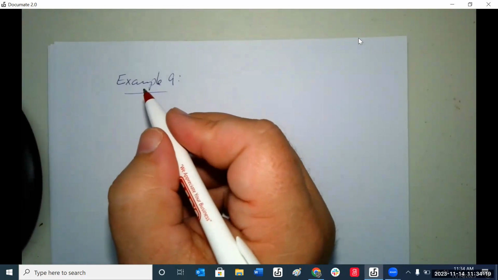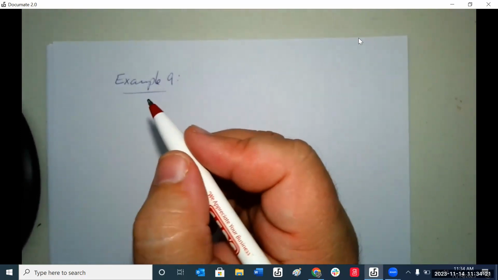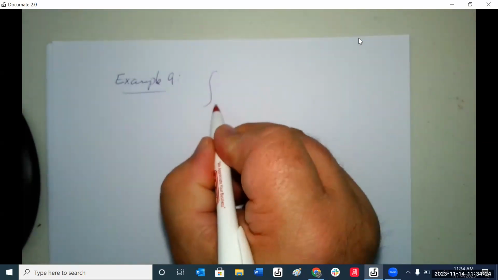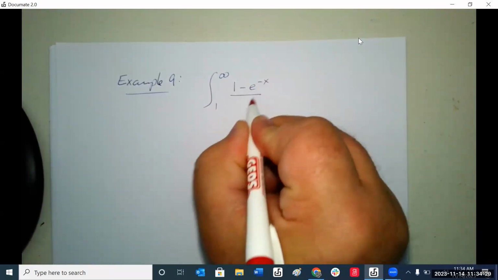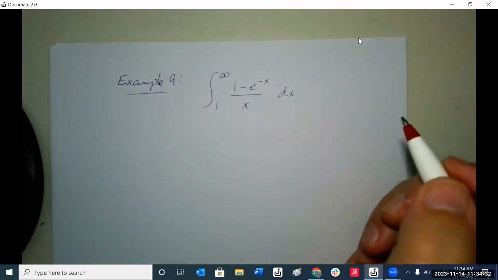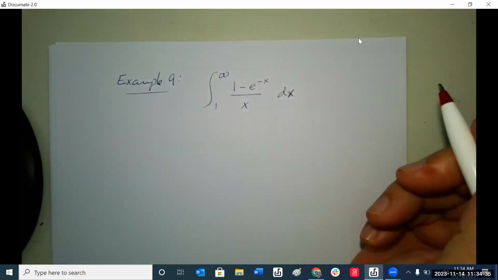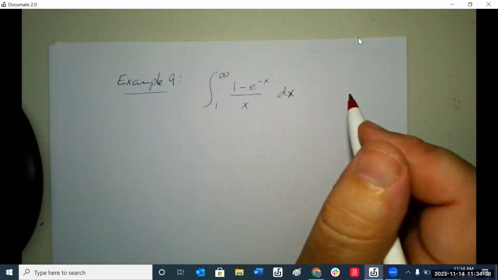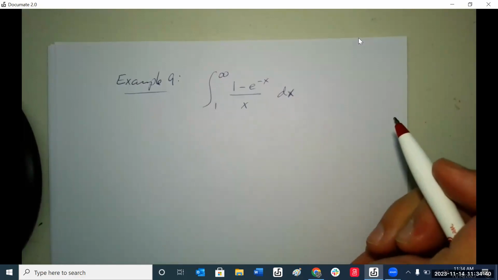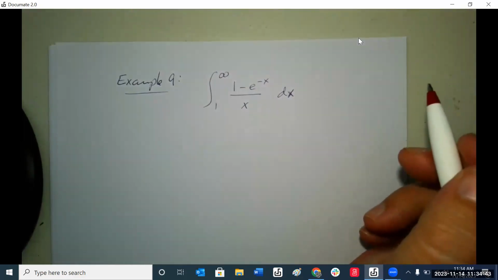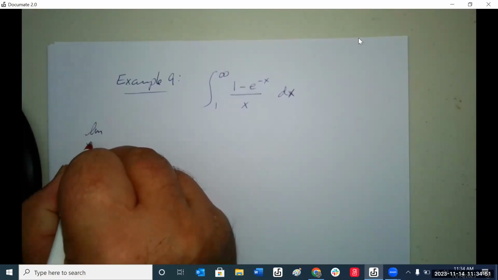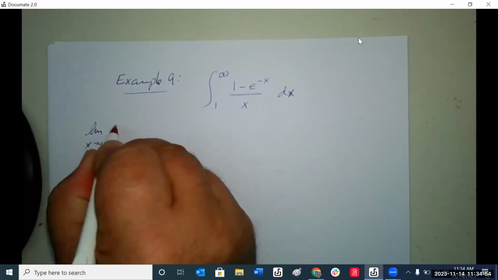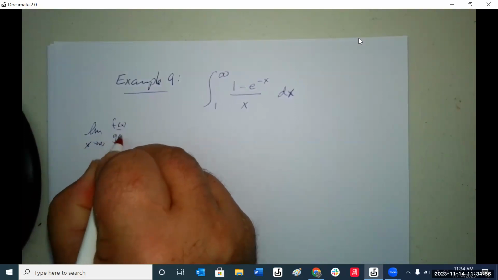Find that one. Investigate the convergence of this function: the integral of 1 minus e to the negative x over x dx. So according to theorem 3, as x approaches infinity of f of x over g of x.